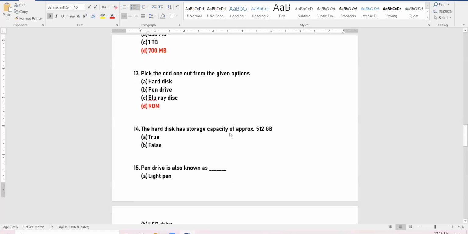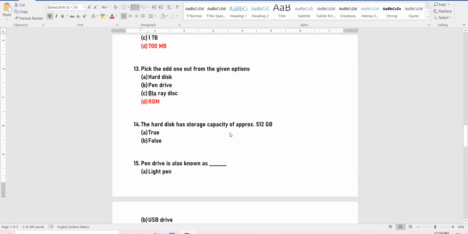All right. 14th MCQ. Now see, this is true and false. Sometimes you can have true or false as MCQ. The hard disk has storage capacity of approximate 512 GB. Oh, Harshit has raised hand. Yes, Harshit. Sir, true.